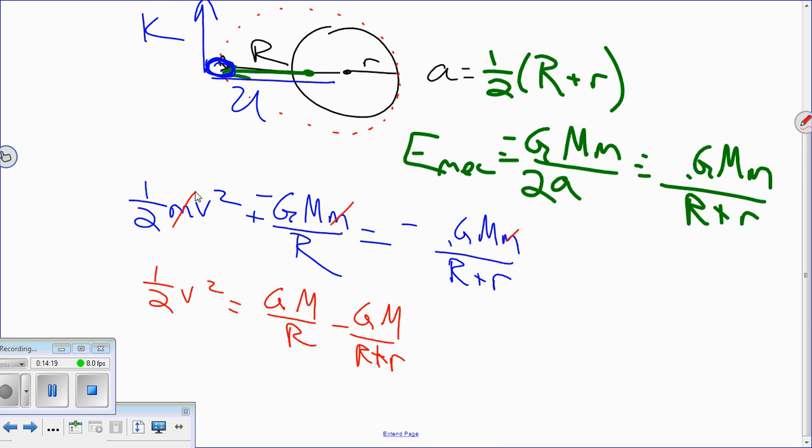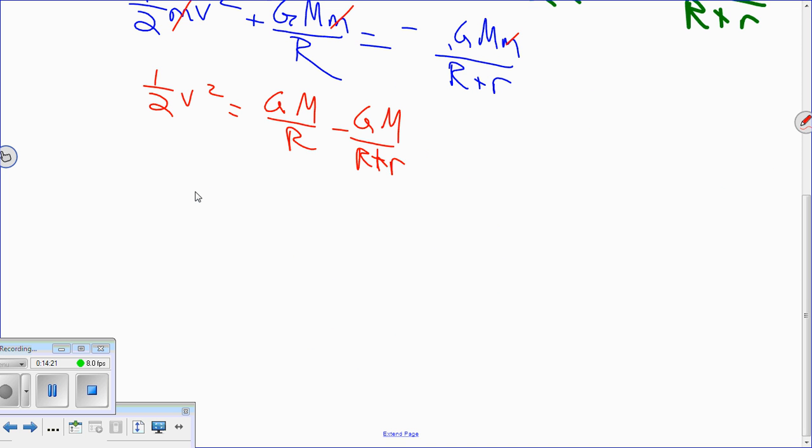So if you keep simplifying it, you end up getting v equals the square root of 2GMr over r plus R times capital R.